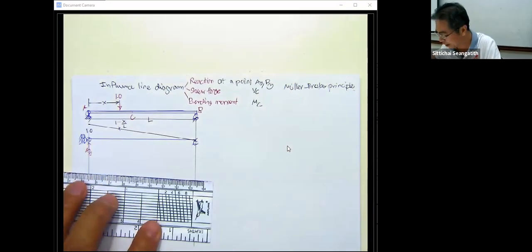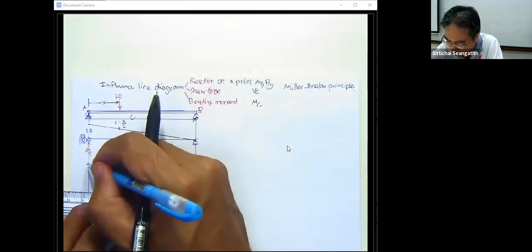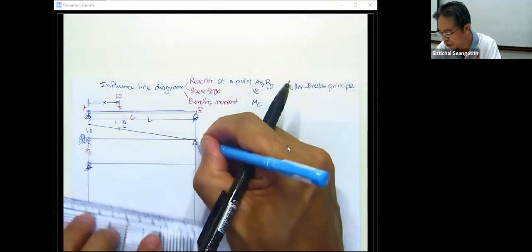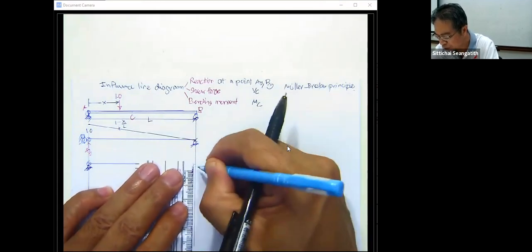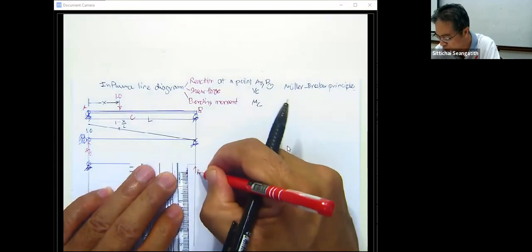And then for B sub y, you do the same thing, but this time you keep the pin like this, and you release the roller and put B sub y to move it.